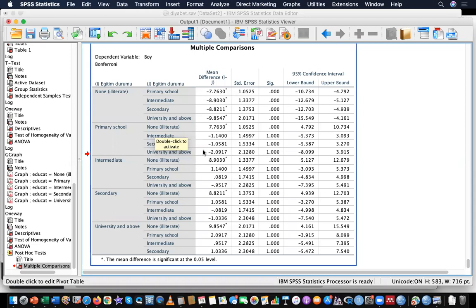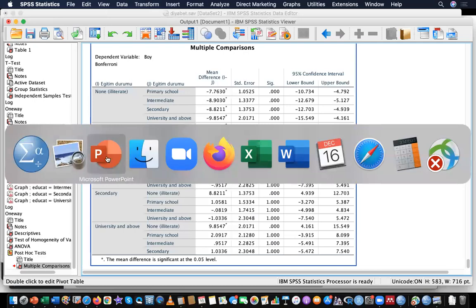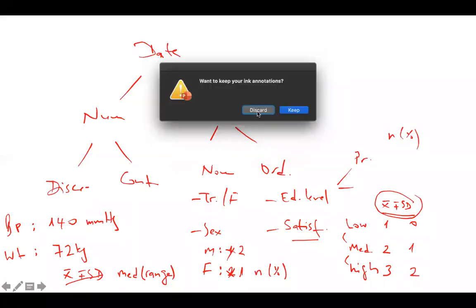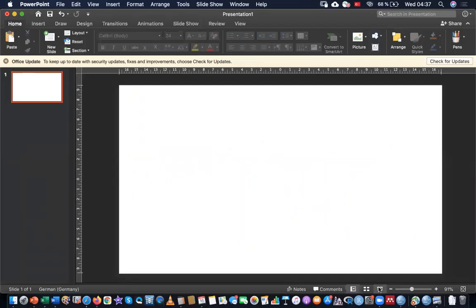So 10 combinations means you have 10 alpha values, and 10 alpha values would increase your alpha error to 100%, right? Or not 100%, 50%. If you have one alpha, it's 0.05. The second is also 0.05.